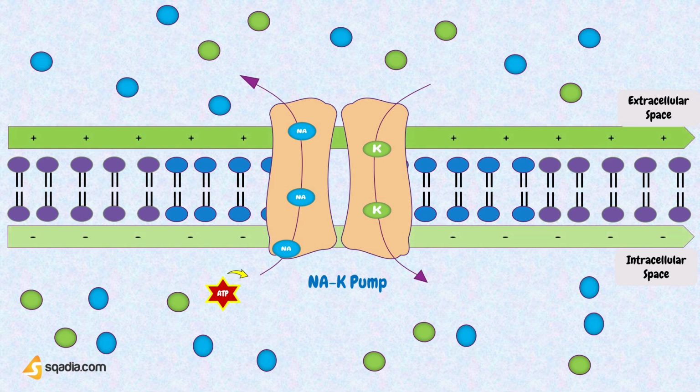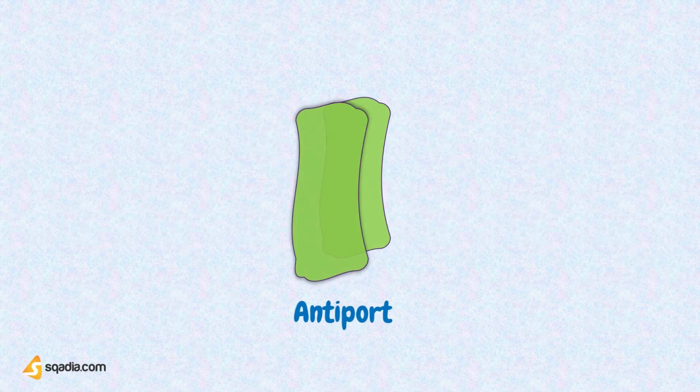This pump is mainly responsible for the development of resting membrane potential due to the distribution of sodium and potassium across the cell membrane. As we previously saw, it is an example of antiport. Structurally, the pump constitutes the carrier protein subunits, namely the alpha and beta subunits. Transport of sodium and potassium occurs only by the alpha subunit. The beta subunit is a glycoprotein, the function of which is not clear.